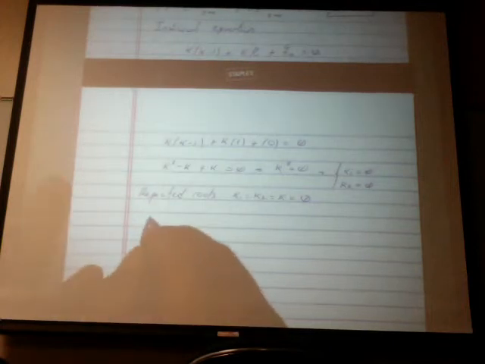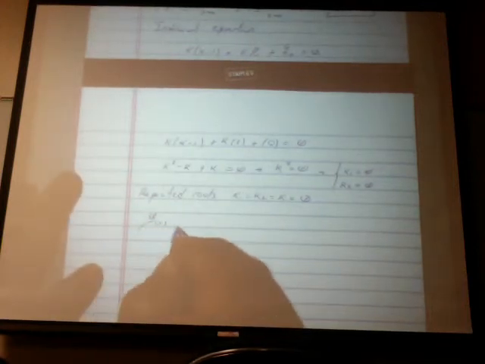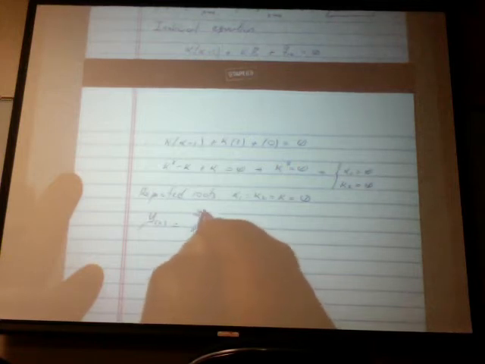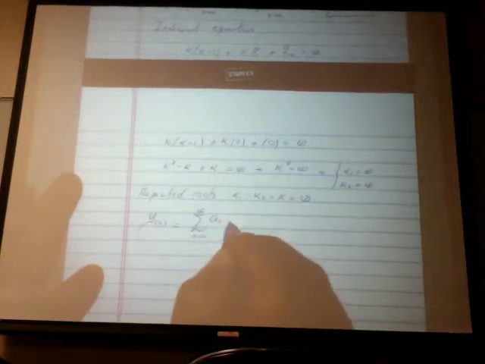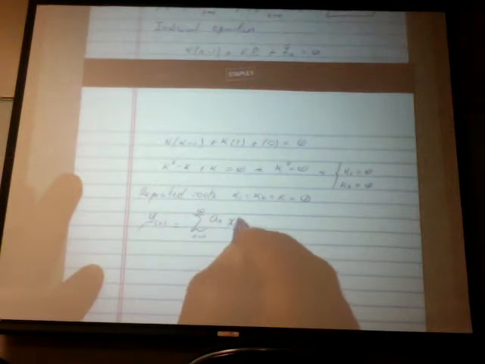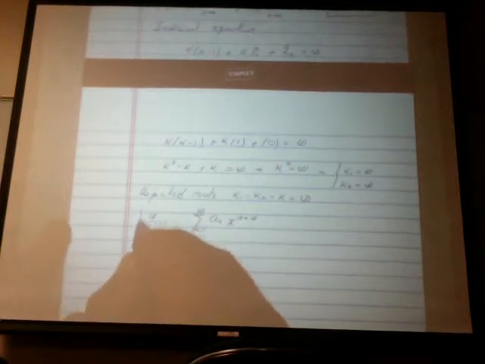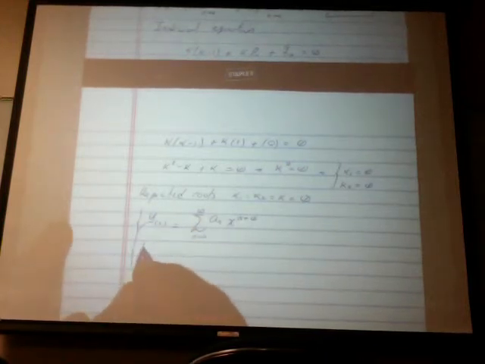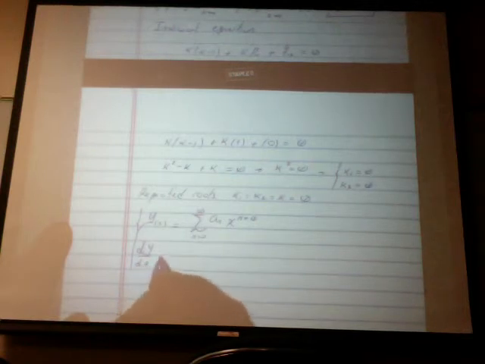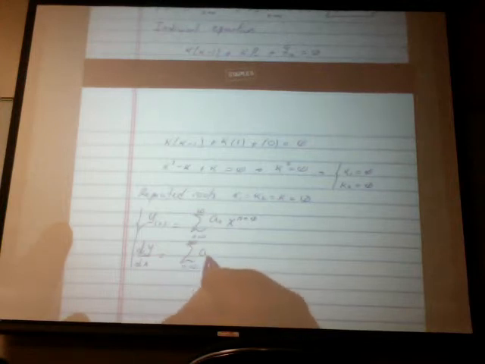So we have y of x is equal to the summation from n equals 0 to infinity of an x to the n plus 0. K is equal to 0. dy dx is therefore the summation from n equals 0 to infinity of an times n times x to the n minus 1.